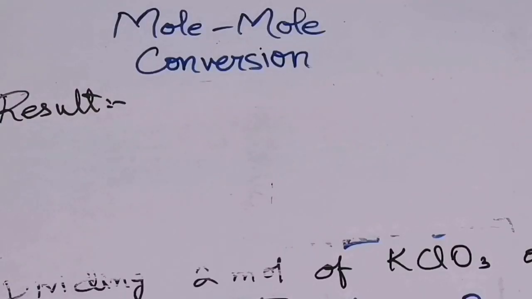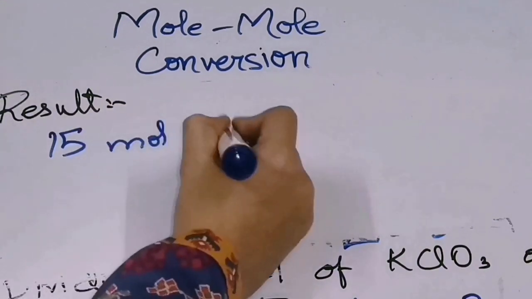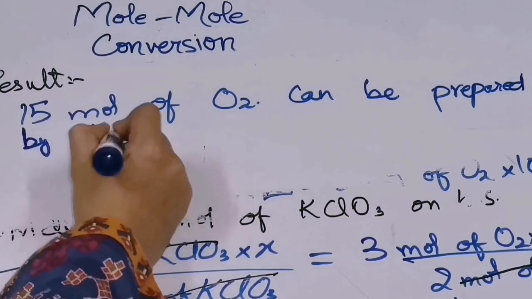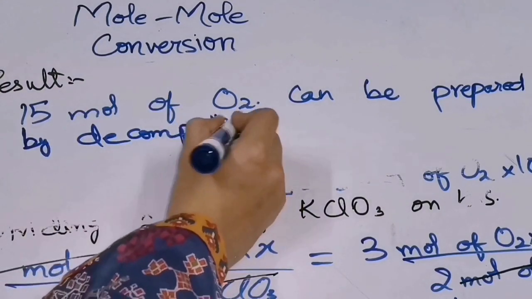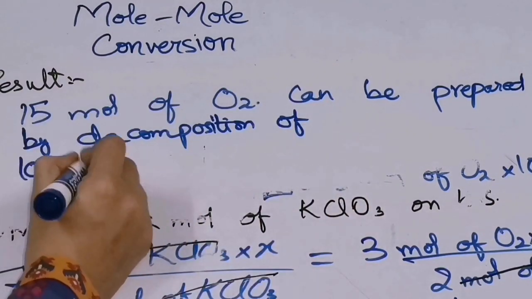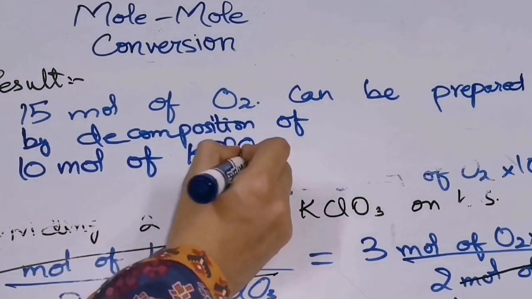So in the result you can write that 15 mole of O2 is produced by decomposition of 10 mole of KClO3.